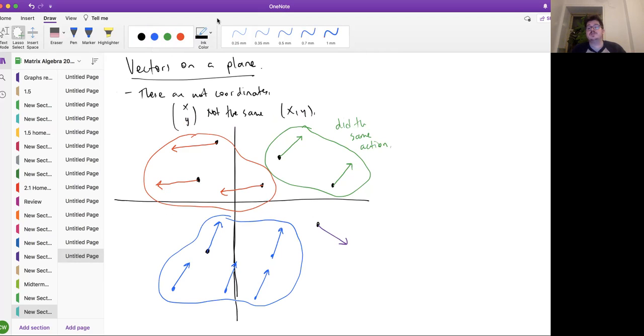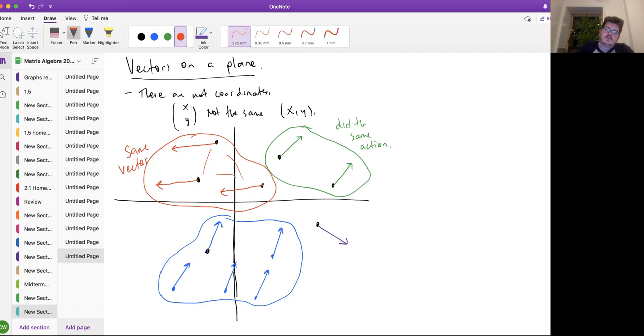So if we're going to group these things based on actions, then all of these are the same action. So we're going to say that all these three things are the same vector. So we're going to call those things the same.